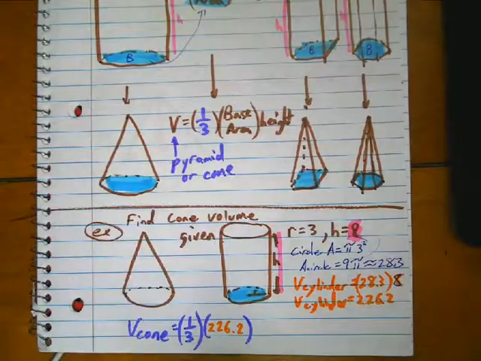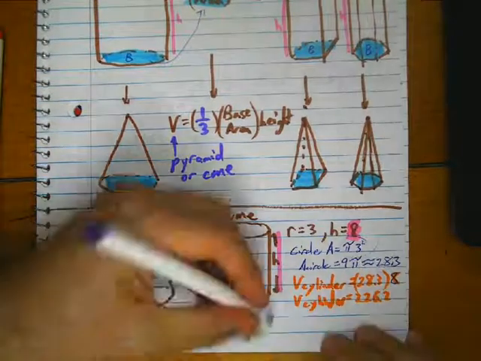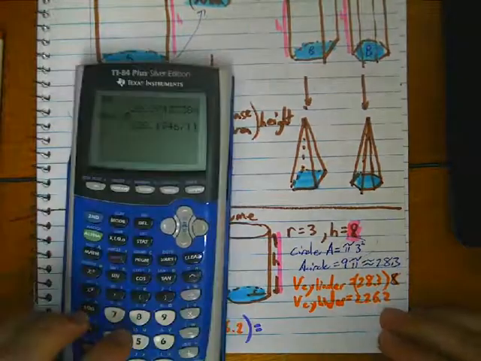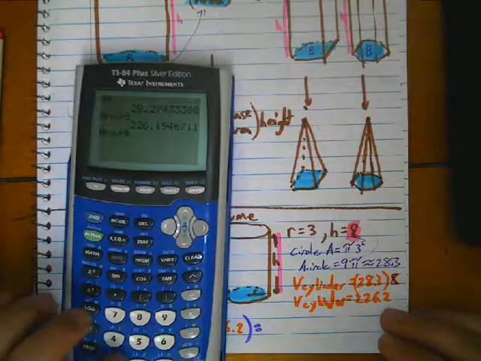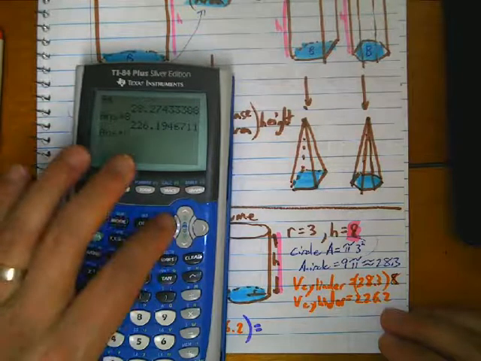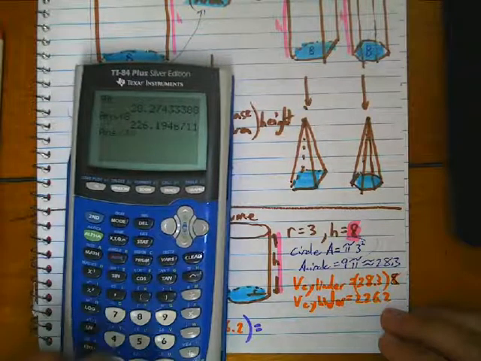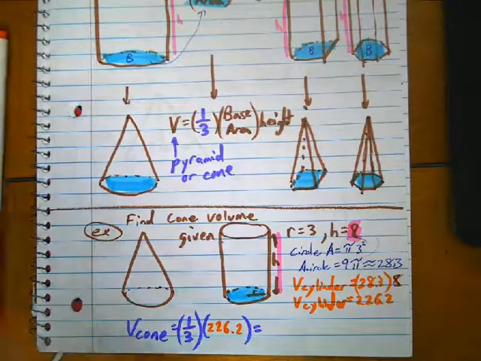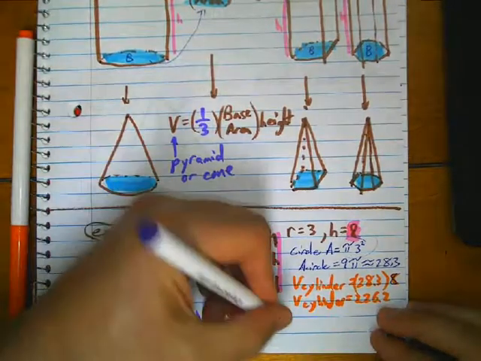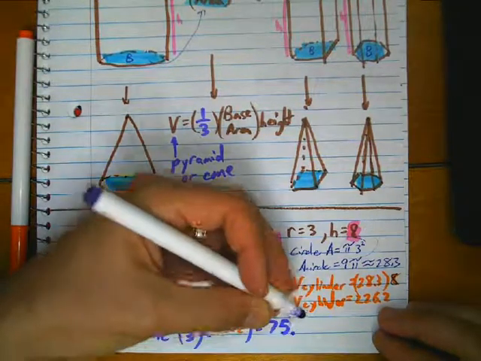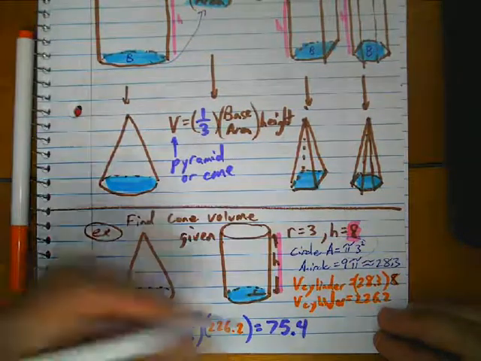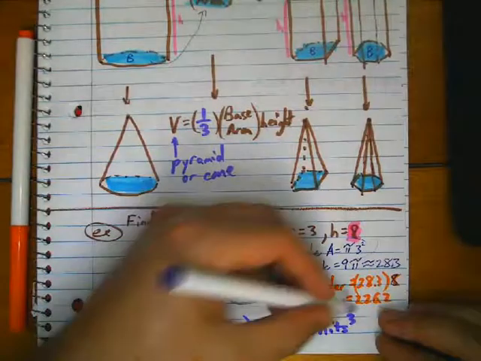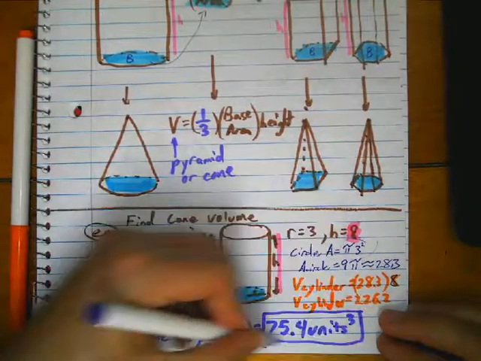And so if I take that answer and multiply by 1/3, or simply divide by 3, I get 75.4. And let's just write units cubed. And so that's the volume of the cone.